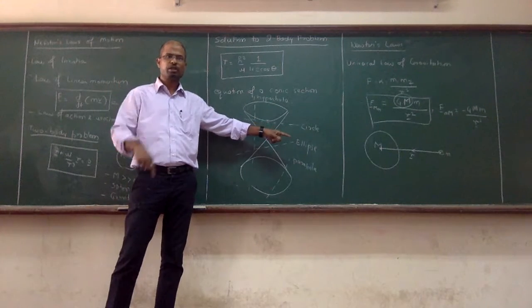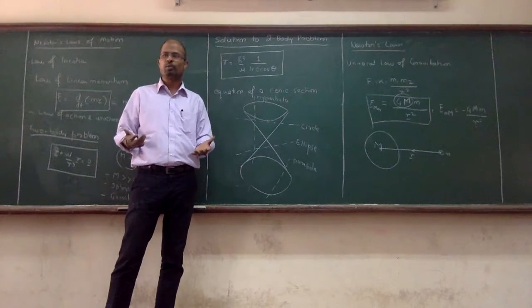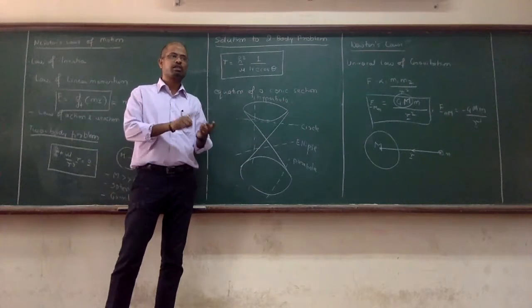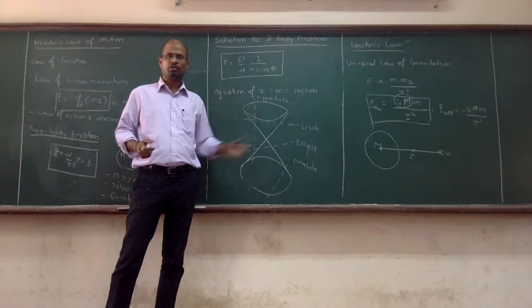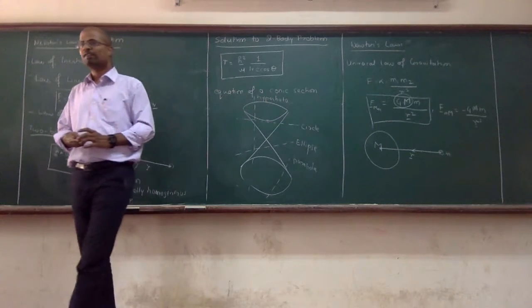You launch anything in space, it is most certainly going to follow one of the trajectories. That's what we came to know. Now you're not talking just about sun and planets, you're talking about anything and everything in space. So now you see how powerful Newton's law is.